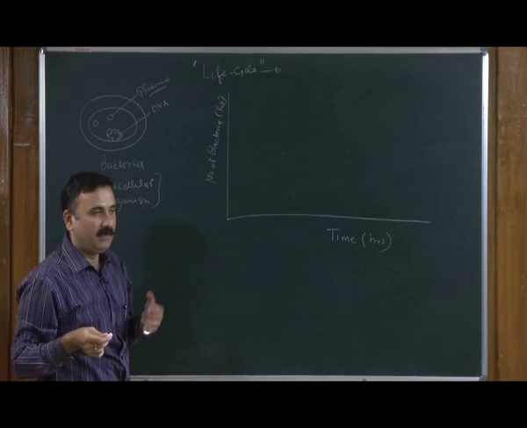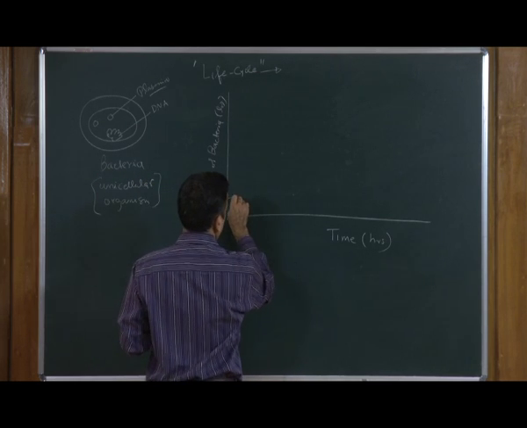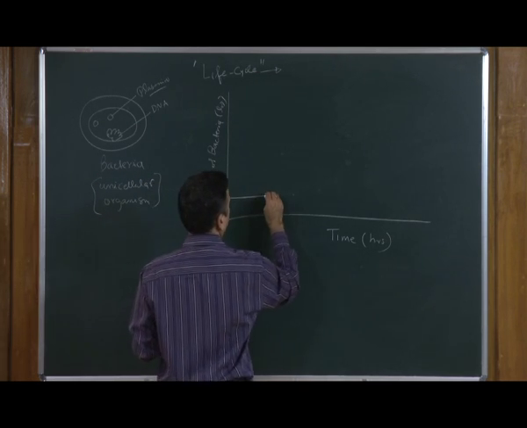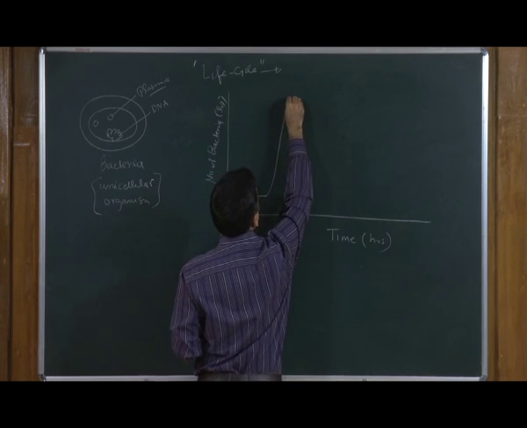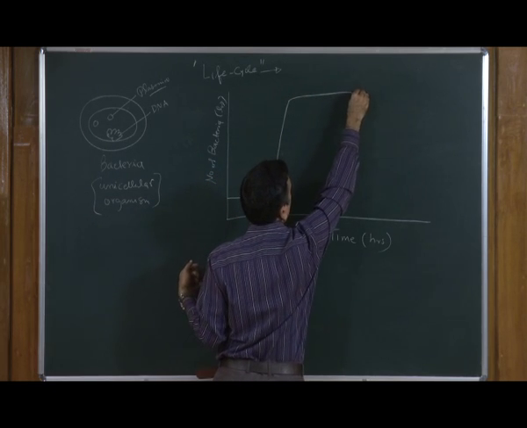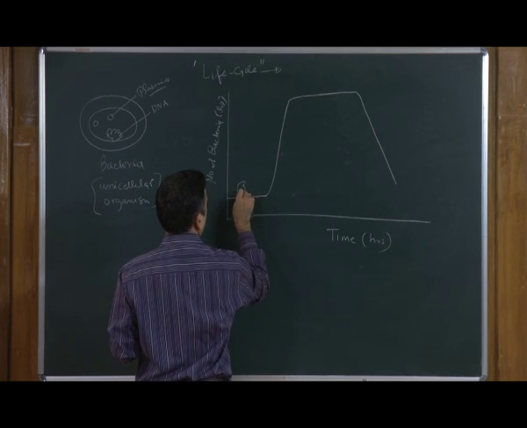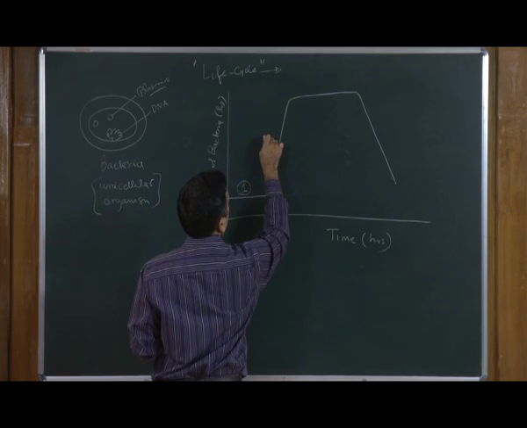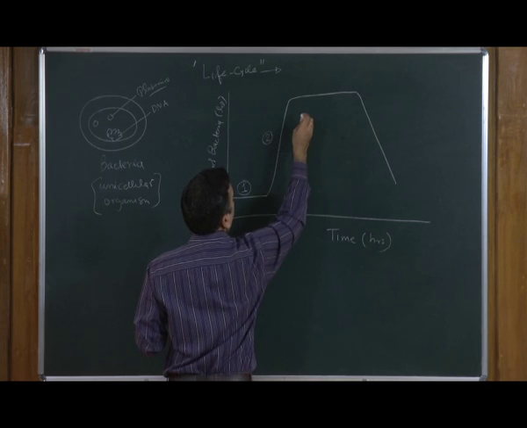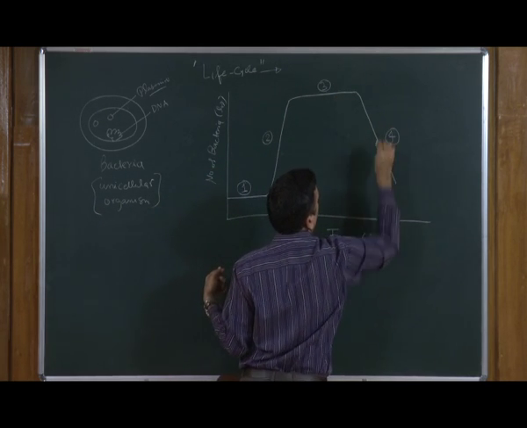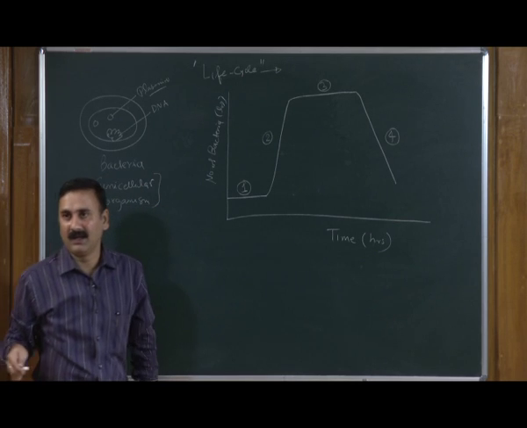So, what we have, you will see there is this phase, then it goes like this, then it goes like this, and it goes like this. So, we have phase number 1, phase number 2, phase number 3, and phase number 4, and this is actually the bacterial life cycle.